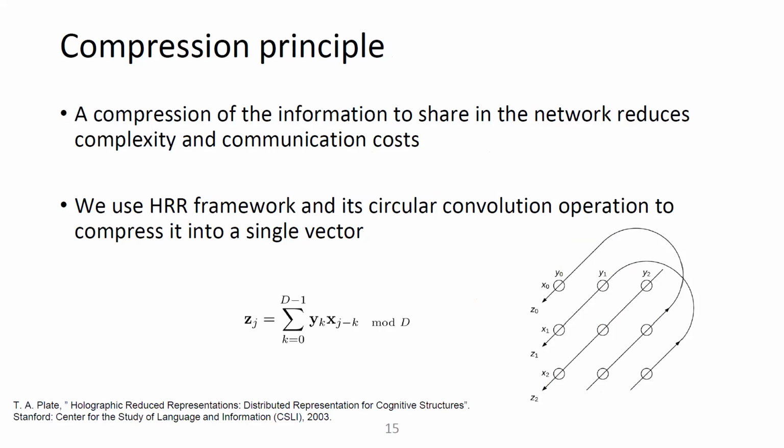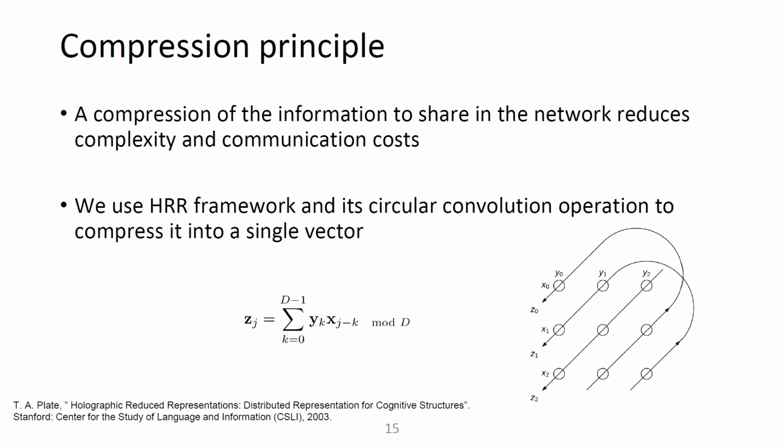It is very important to know that we use randomized neural networks to deal with decreased computational capacity, but we also need to deal with decreased connection capacity and data transfer capacity. For this reason, we would like to compress the information shared in the network to reduce the communication costs.